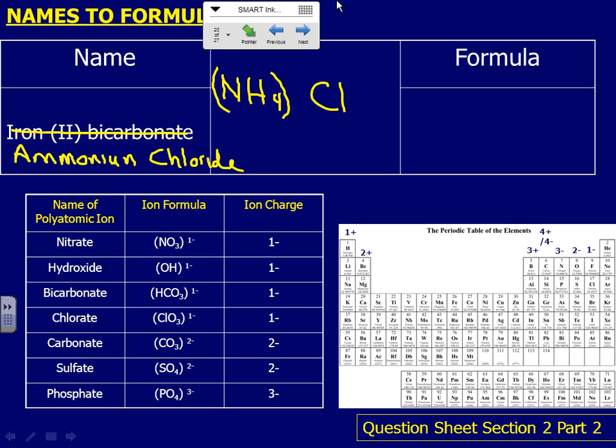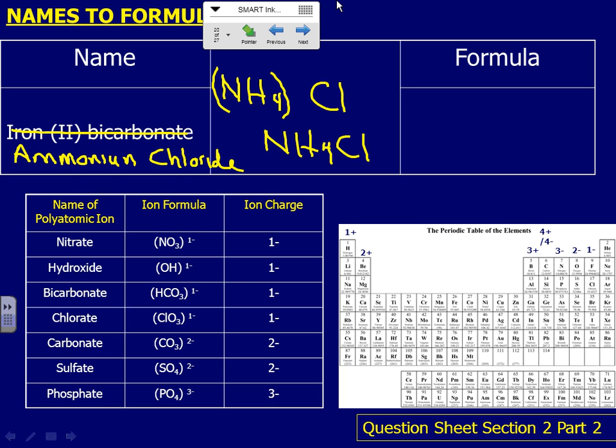That's done. Now in this case, because there's a 1 here, I didn't need the brackets. If you left it during a quiz or test, I'd say that's fine. But if you were reading a textbook, the textbook wouldn't have the brackets because it's really not proper, not needed. So you could rewrite this as NH4Cl. Okay?